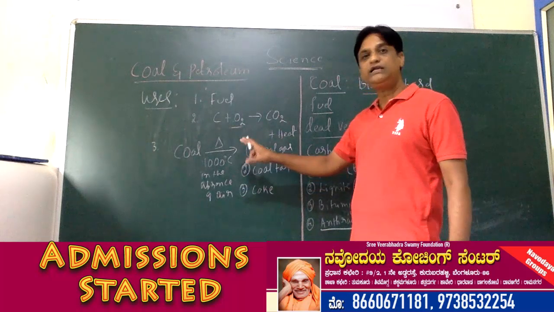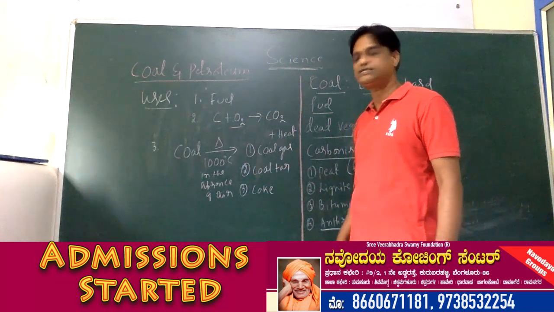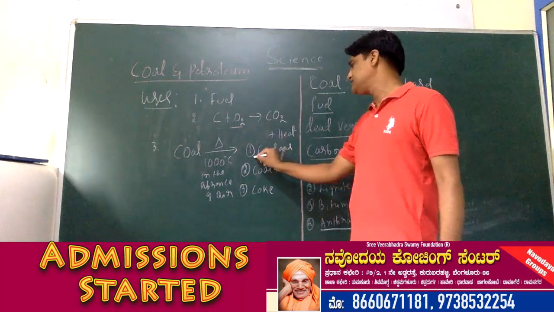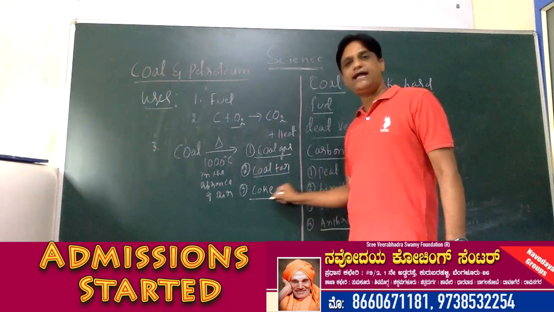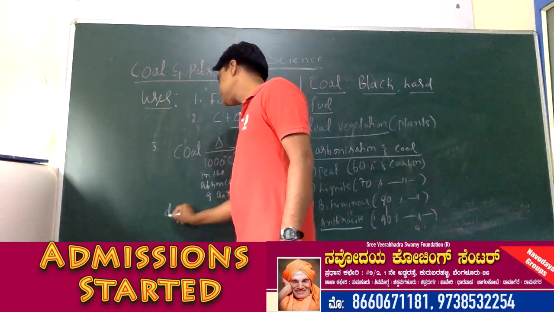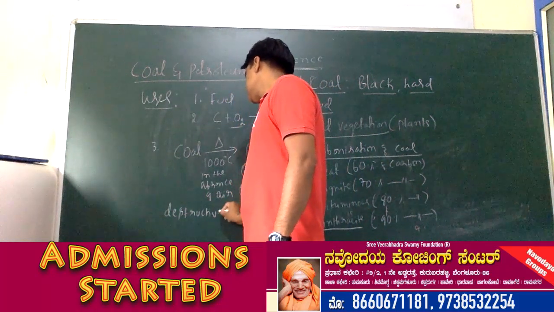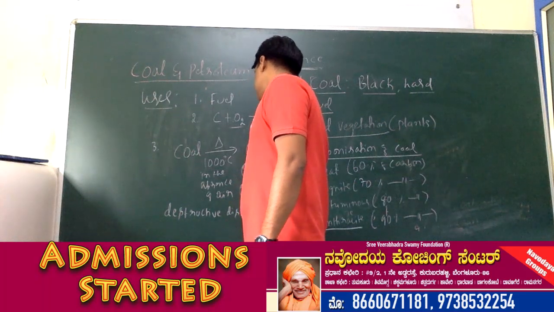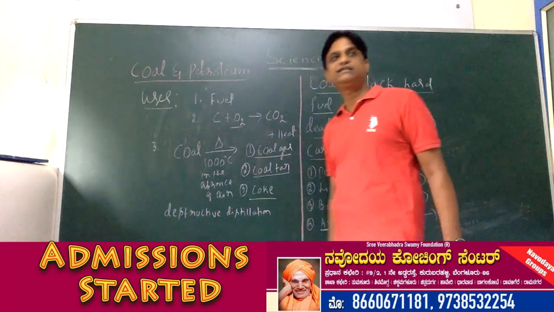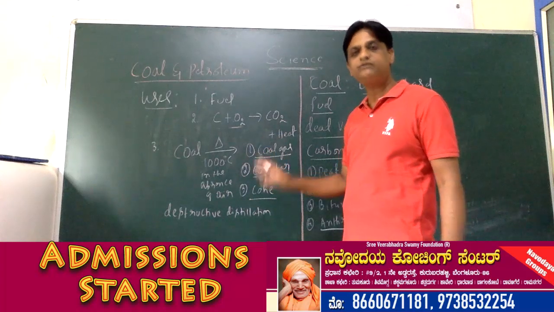So when coal is heated in the absence of oxygen to a temperature of 1000 degrees Celsius, it decomposes to give three fractions: coal gas, coal tar and coke. And this process is called destructive distillation.